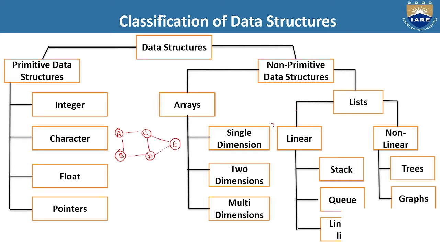You can see that A is related to B and C. Whereas if you talk about D, D is related to B, C, and E. That is, every node can be related to more than one node. So such a structure is a non-linear data structure. So the best examples are trees and graphs. As a whole, this is the chart of classification of data structures, right?